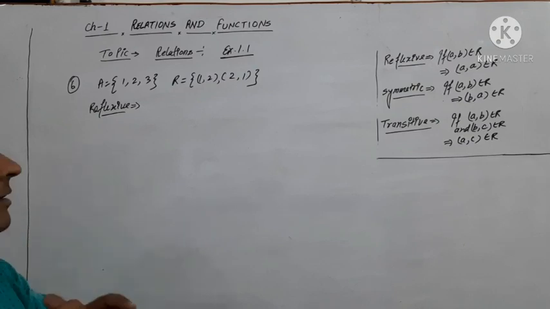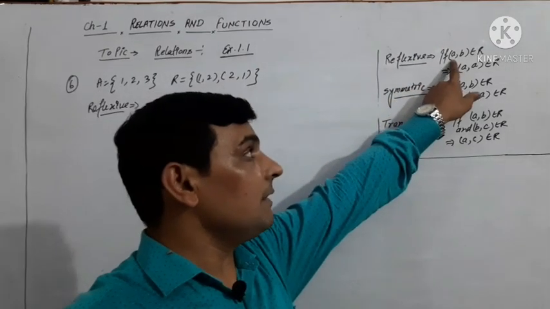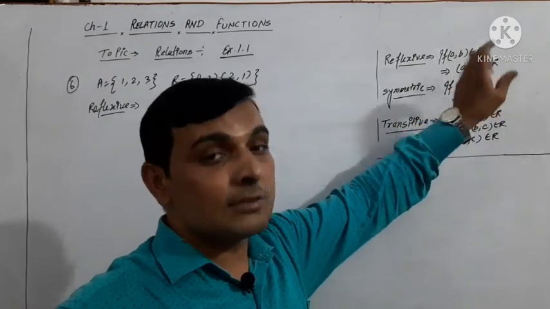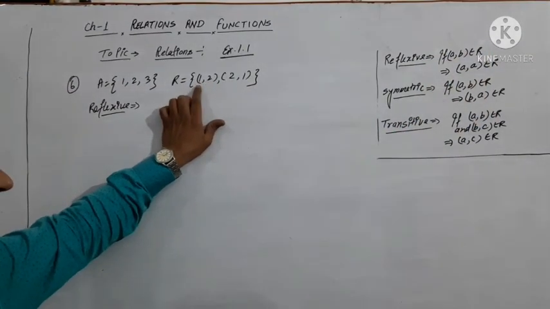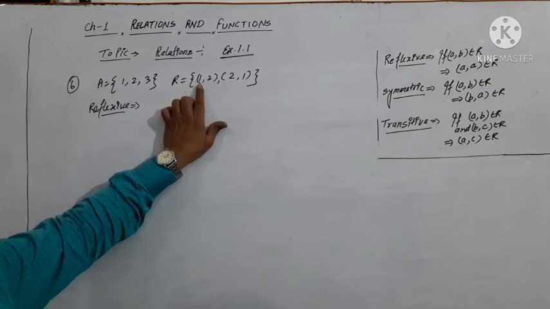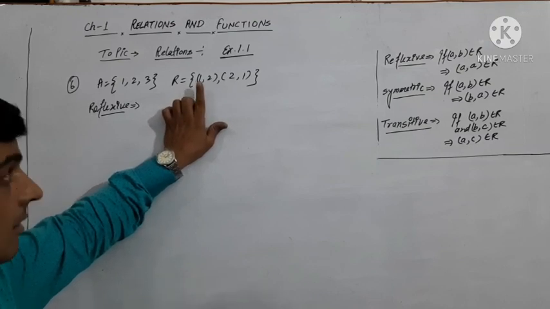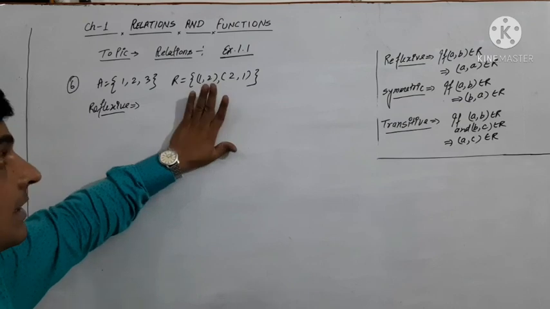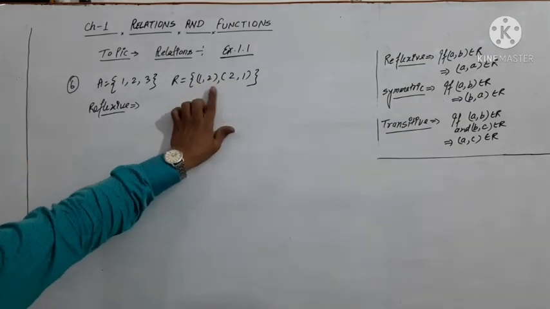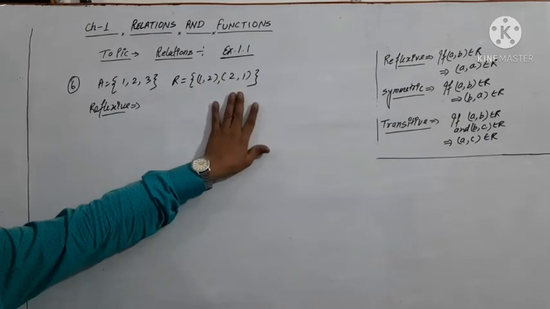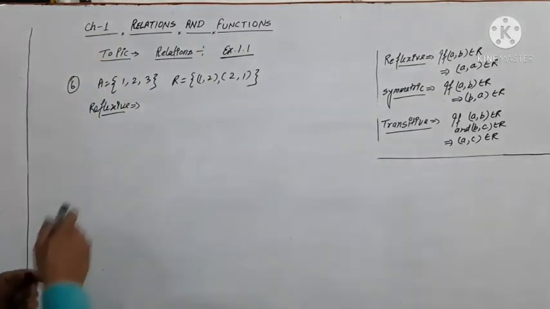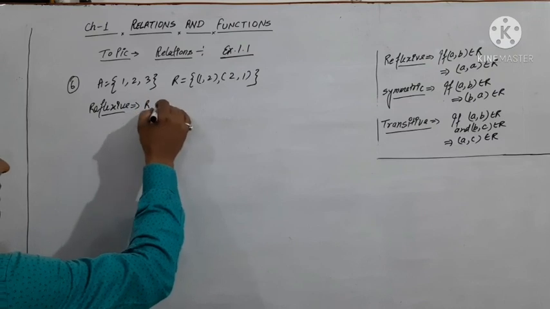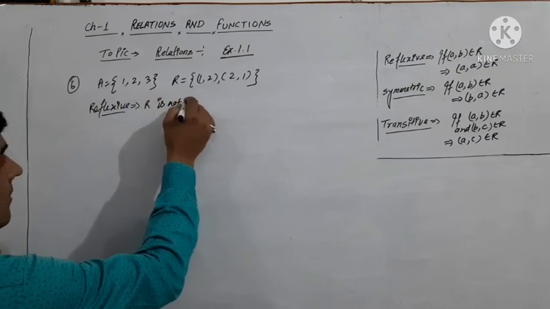See here, for reflexivity, if (a, b) belongs to R, then (a, a) also belongs to R. For (1, 2) belongs to R, but (1, 1) does not belong to R. So relation R is not reflexive.